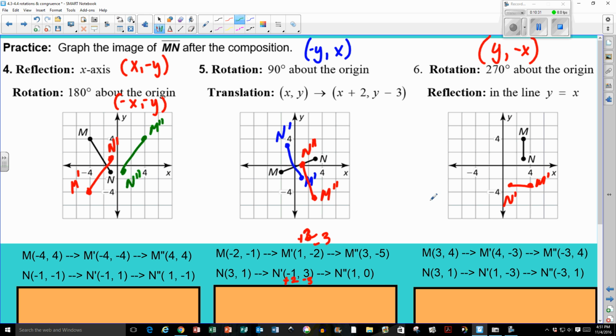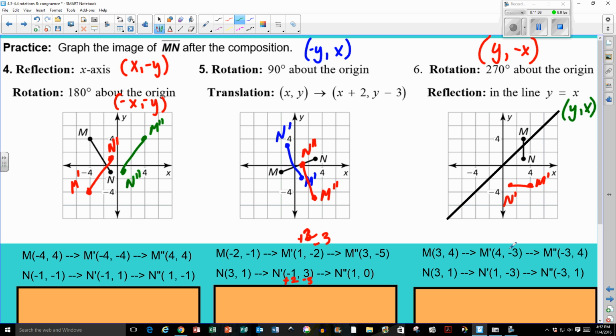And then you would flip over the parent function. Remember, the parent function is the one that goes straight through here. So now I want to reflect over that. The rule for reflecting over that is that your previous points just change places.